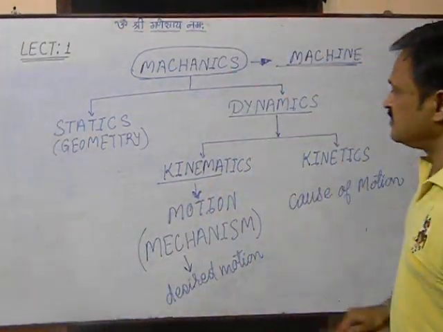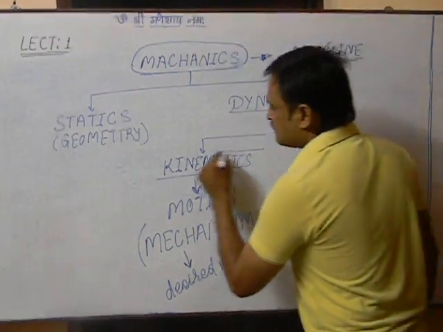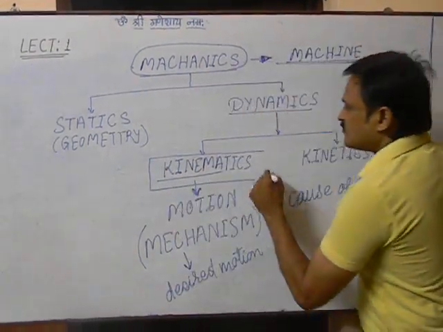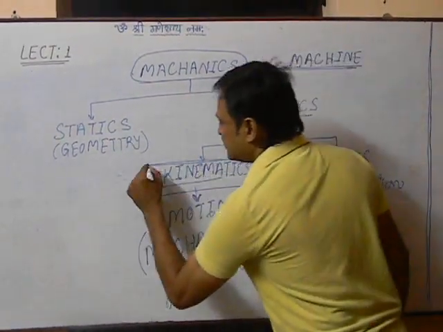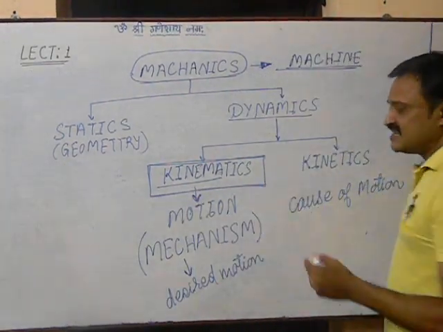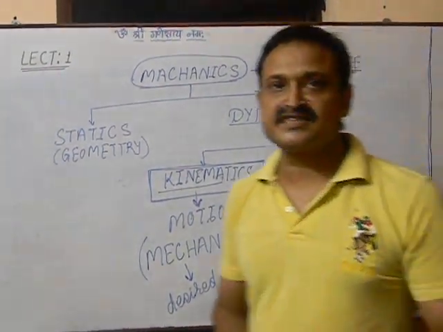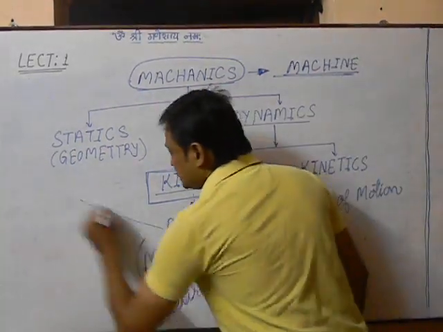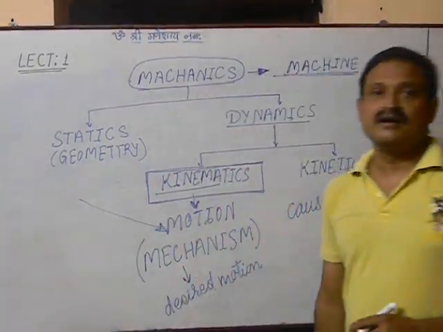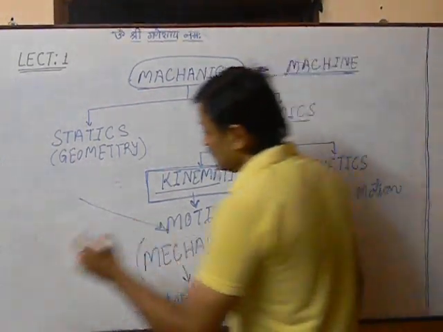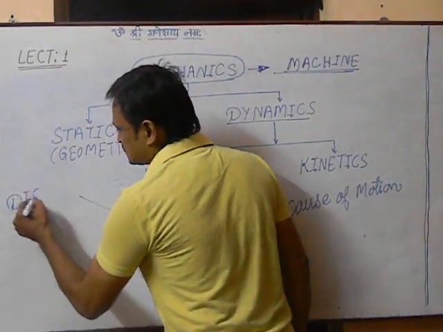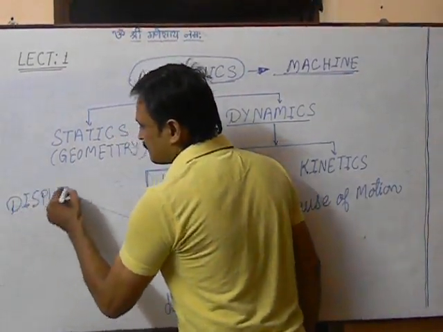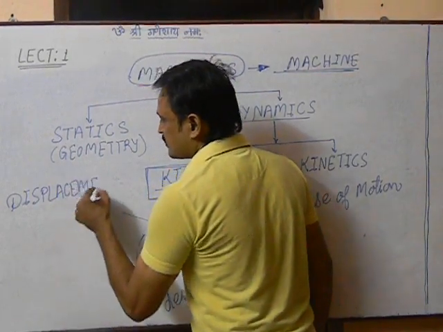So that is how our study will be. After this lecture, we are restricting our study only to kinematics, or trying to understand motion. So when we say motion, what are the things involved in our analysis? Definitely displacement, number one.